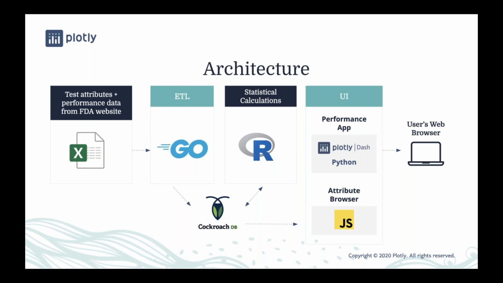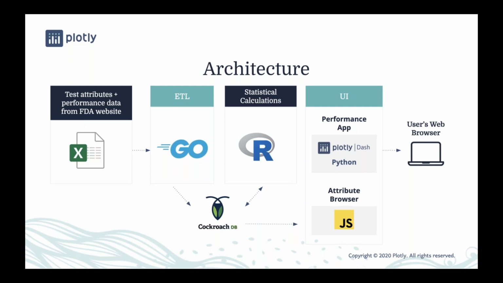Some ETL scripts written in Go pull the information out of the Excel spreadsheet and load it into CockroachDB, which is sort of a derivative of a Postgres database. We do statistical calculations in R, calculating sensitivity and specificity based on the data that's been reported in these PDF files, as well as calculating the PPV and NPV, the confidence intervals, all of that.